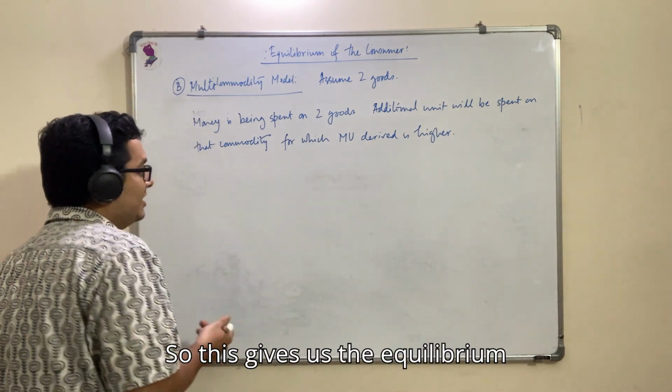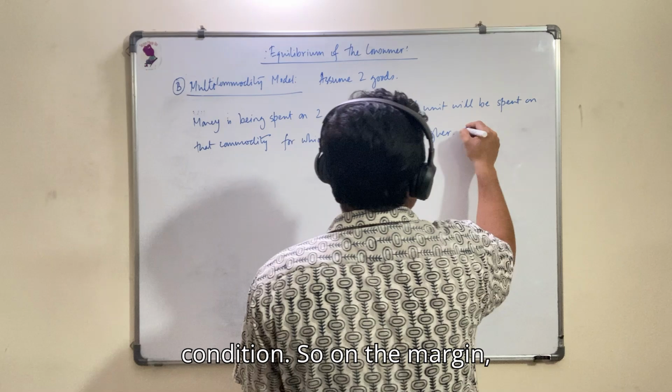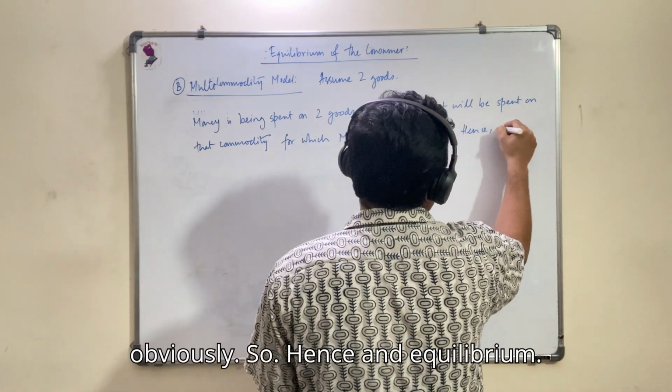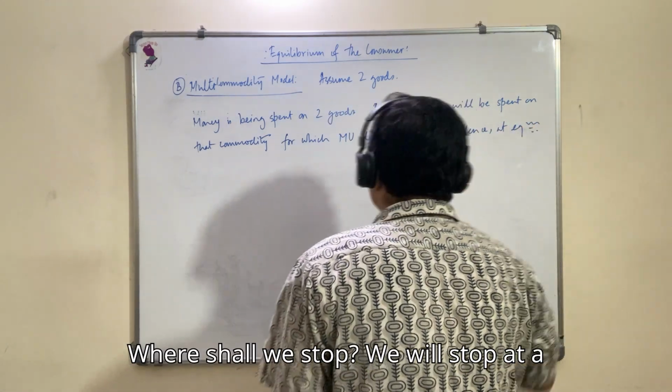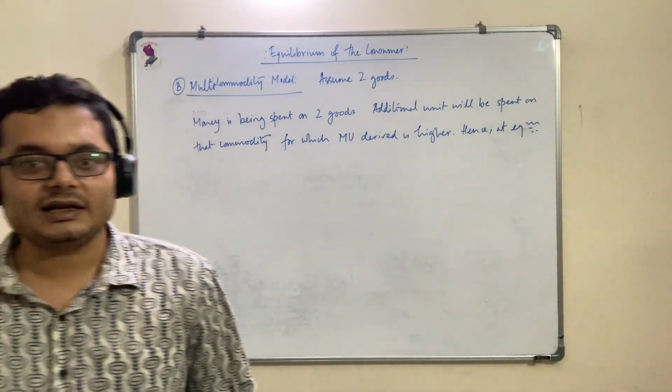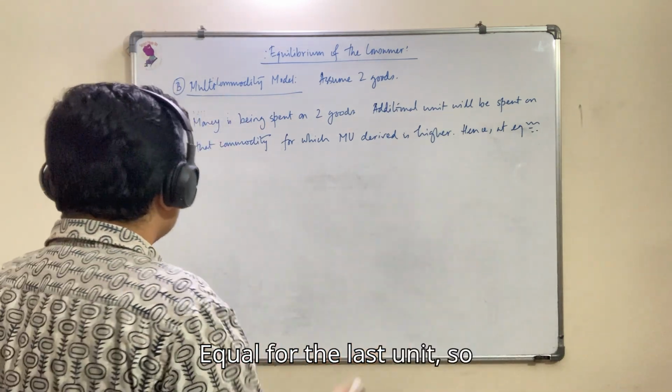So this gives us the equilibrium condition. So on the margin, obviously, at equilibrium, where shall we stop? We will stop at a point where the MUs are equal for the last unit.